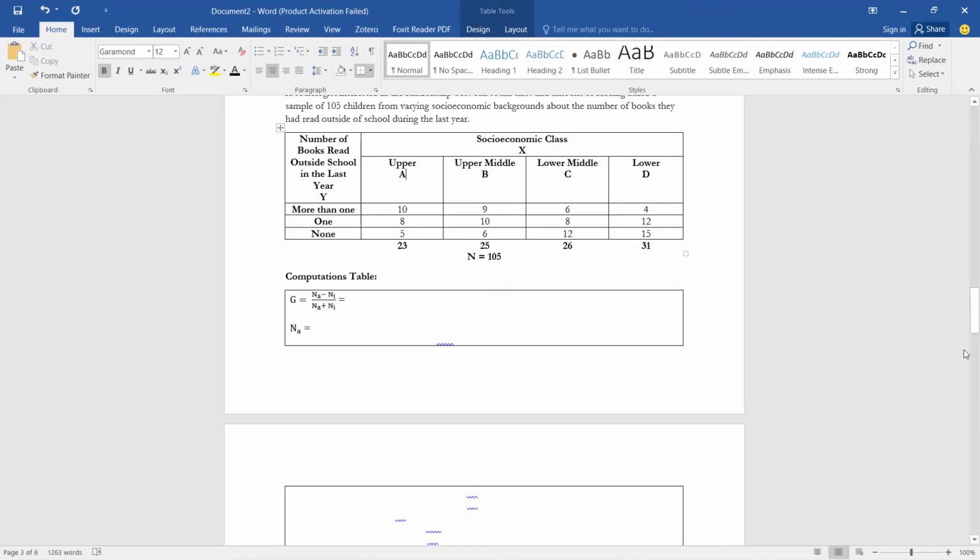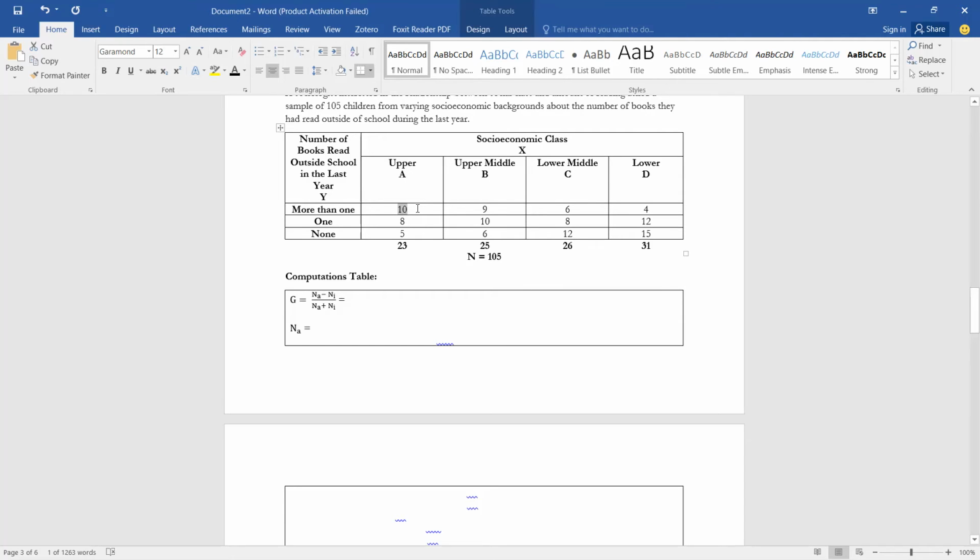And to get those NA and NI, so that it'll tell us more or less the direction of the correlation between X and Y, what we need to find is NA first. We start with the upper left cell, which is 10 here in the example, and we need to find its product with the values that are below and to the right of this cell.